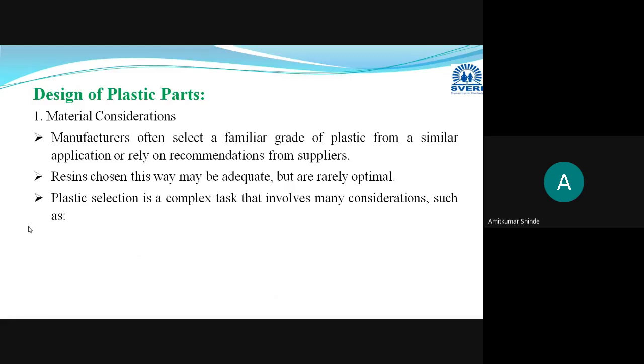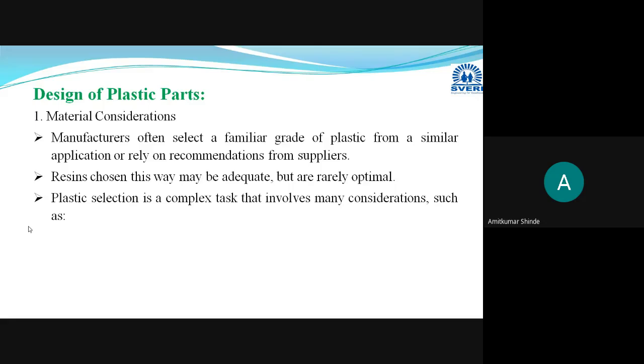Suppose you have decided to manufacture a chair, then from which material you are going to manufacture that chair is decided by taking recommendations from some experts or from some suppliers. After taking these recommendations, you have to consider some points, whether that material is available in adequate amount and whether it is feasible economically, whether it is feasible to purchase that material, do the necessary processing and obtain the final product. These points you have to take into consideration while selecting that material.